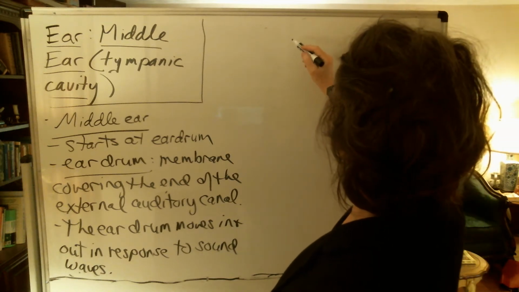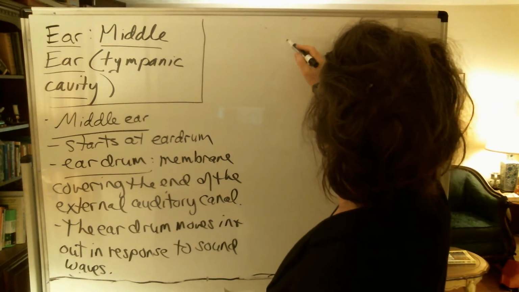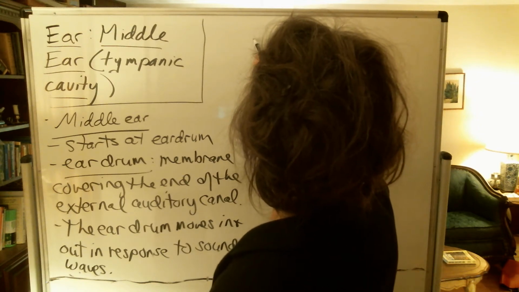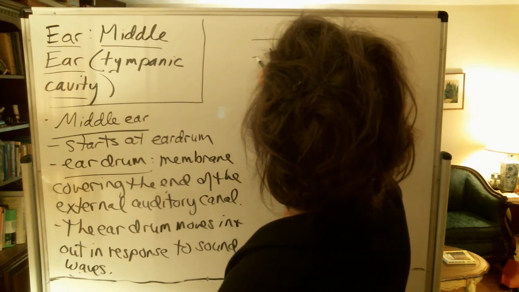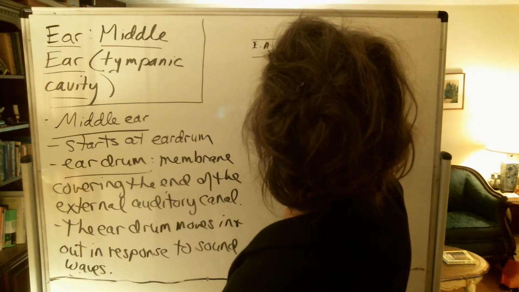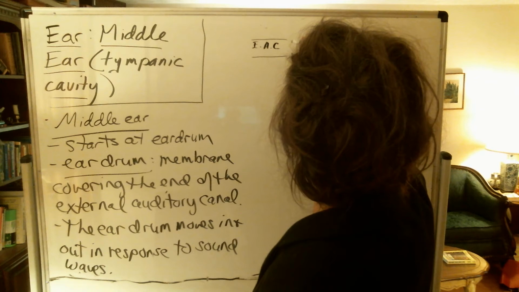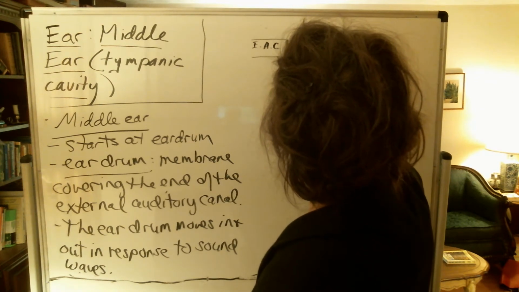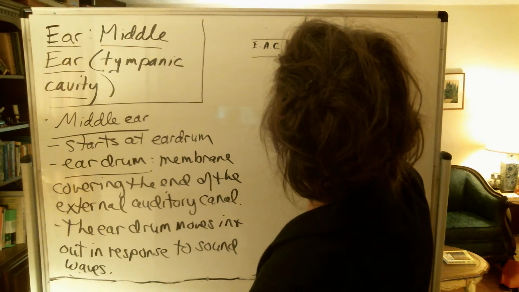So let's just start this out here. So here, then, let's have a little bit of the external auditory canal. Here it is, the external auditory canal. And here, then, we have the eardrum.